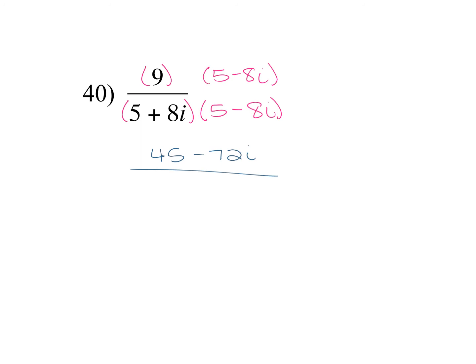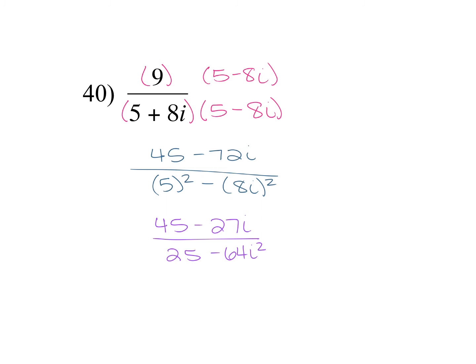This is all going to be over 5 squared minus 8i squared. It's the same exact thing as foiling it out, canceling out your b term, and then just working with the first and the last term. So this is going to simplify to 45 minus 72i all over 25 minus 64i squared.